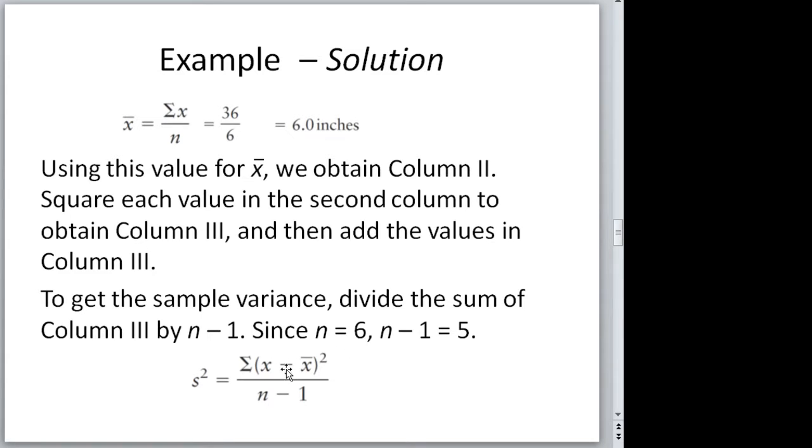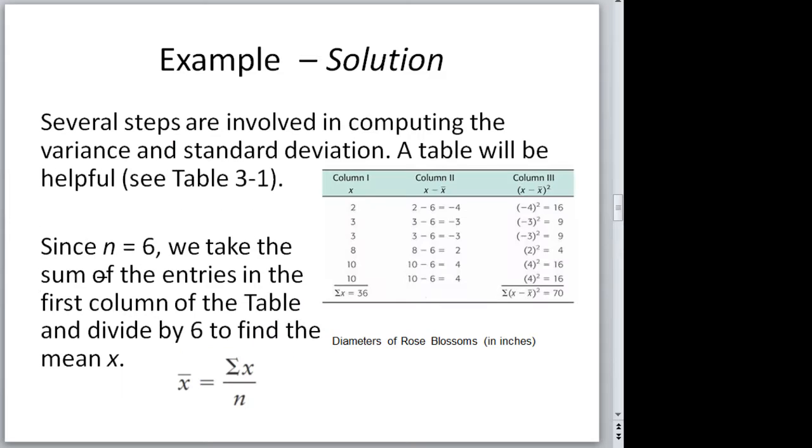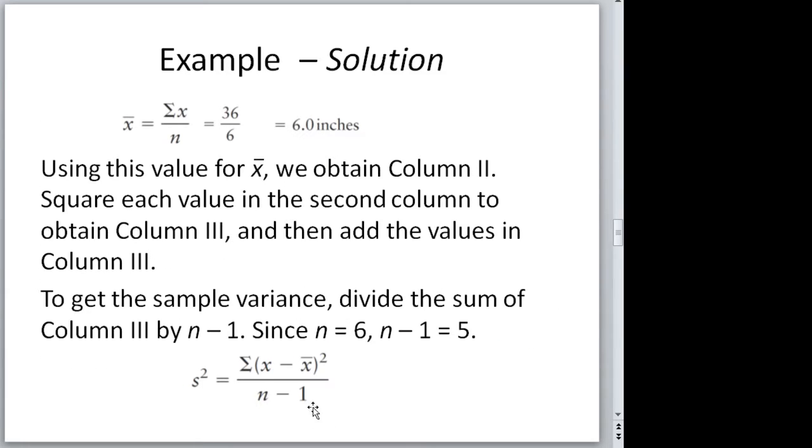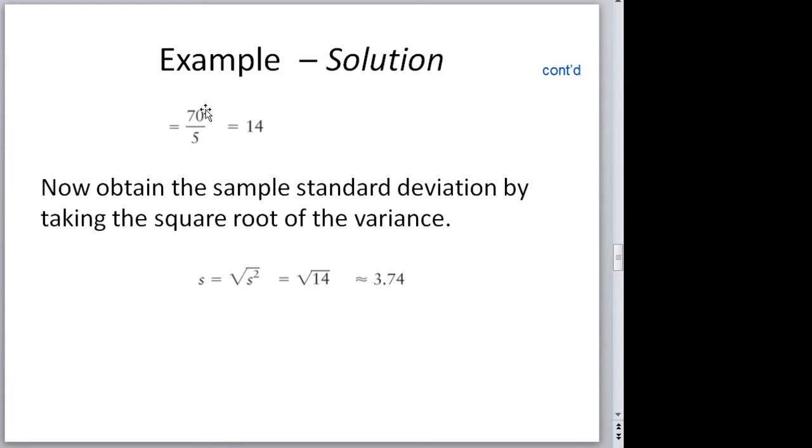Now, let's look at this formula. As you can see, the top part, the summation of all that was what? Was 70, right? Now you're going to divide that by n minus 1. We know that n is 6, so n minus 1 should be 5. So 70 divided by 5 is 14.